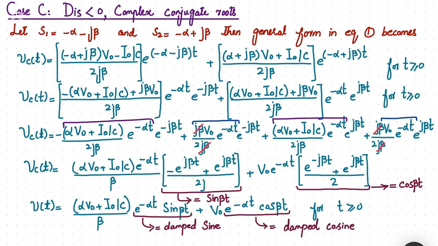Next we can combine minus alpha v naught and minus I naught over c, and write j beta v naught separately. Similar is the case over here. We can write alpha v naught plus I naught over c, and plus j beta v naught separately.